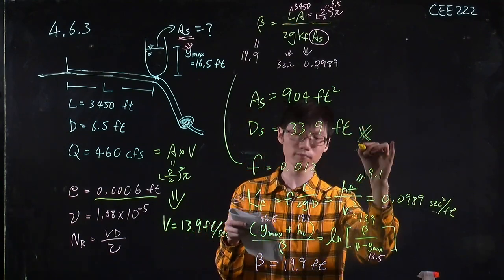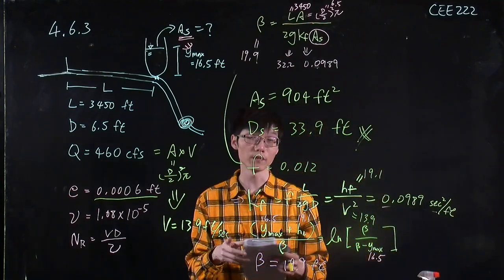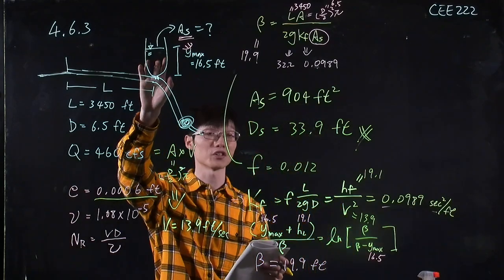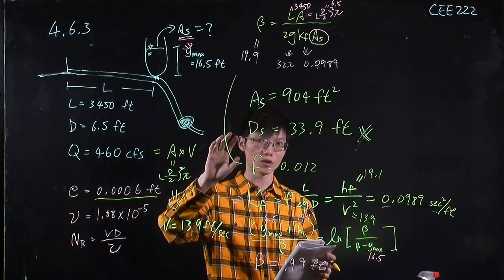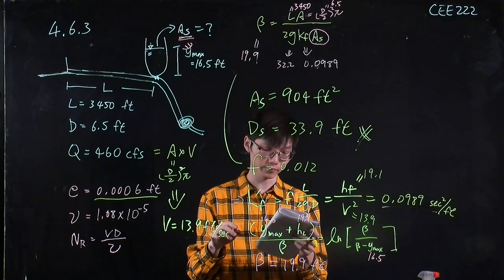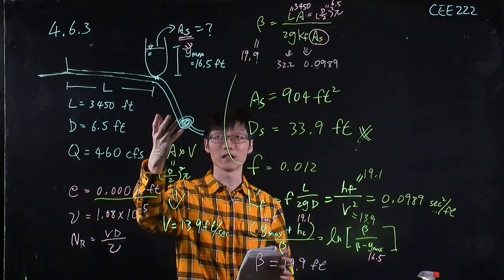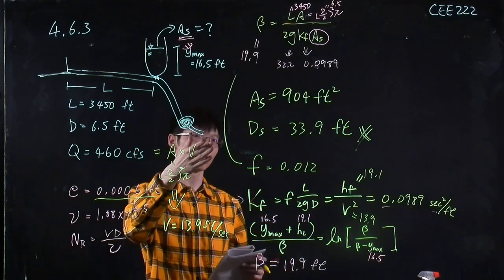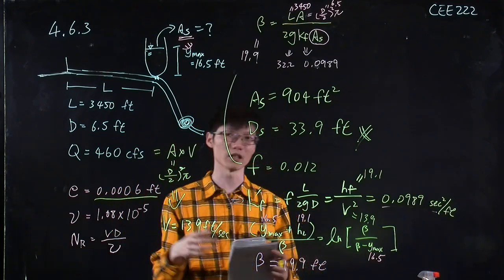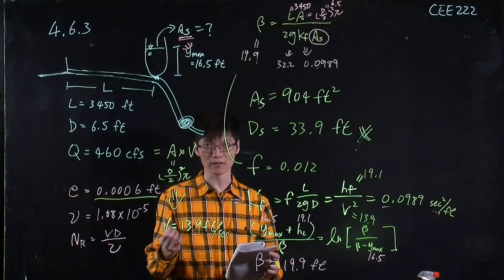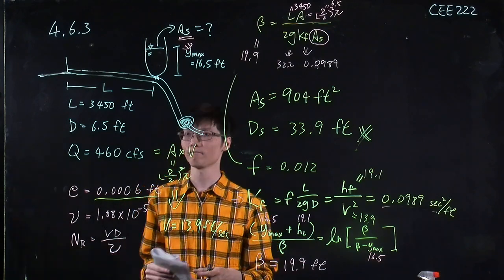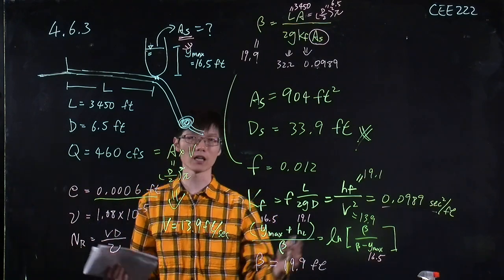Okay, so we found that the diameter for this surge tank is actually quite large. And so the engineer might want to redesign this entire project because this diameter might not be that cost effective in a sense. Okay, so this is how we solve it.